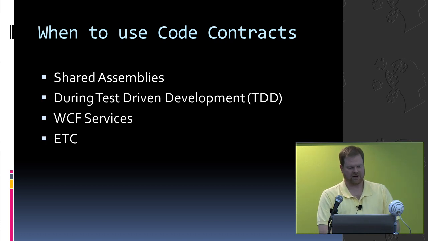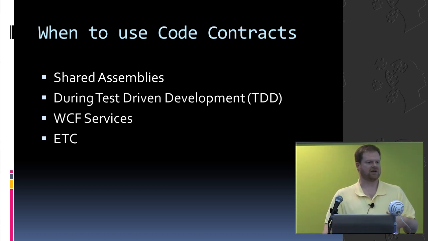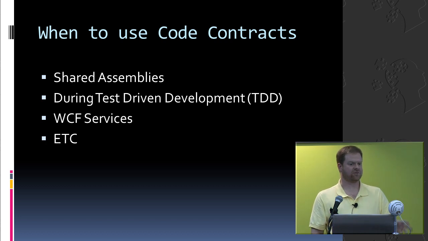When to use code contracts? I'm currently experimenting with it a little bit in a project that I'm working on. I'm currently writing a WCF service that's going to be consumed by one of our customer care sites. So I feel that anything you write that's going to be consumed by somebody, maybe even outside of your department, maybe even outside of your company, would probably be a good candidate to use code contracts.